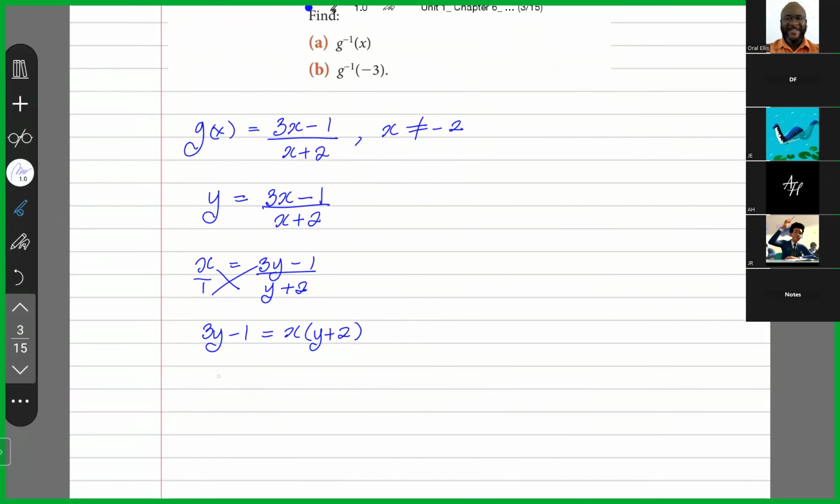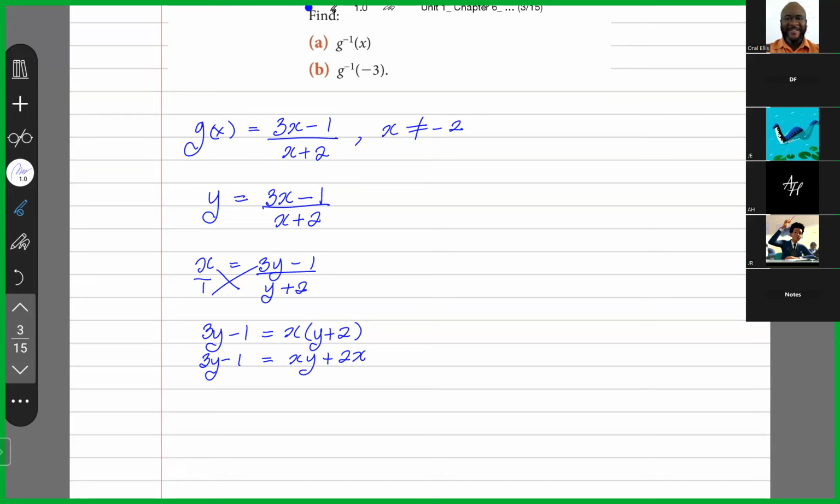Distributive law over the right, we have 3y minus 1 is equal to xy plus 2x. I just applied distributive law on the right. Then I'm going to get all the x's to one side and all the y's to the other side.